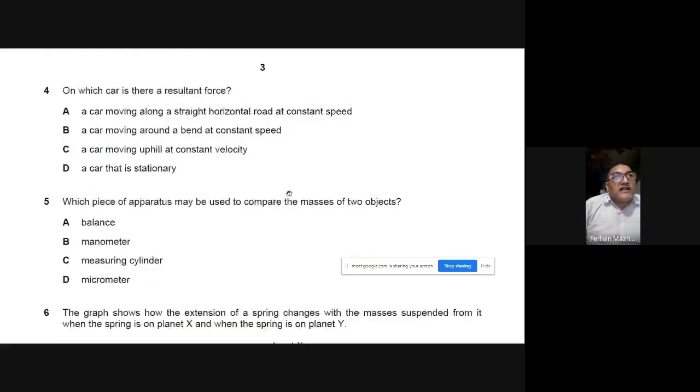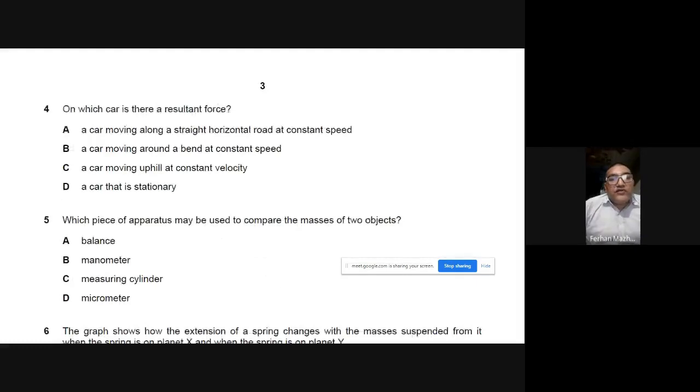On which car is there a resultant force? When you move in a circular path, although your speed might be constant, because of the change in direction the velocity is changing, because when you move in a circle your direction at every instant has to change. So there is a change in direction, so there is a change in velocity, so there is acceleration.